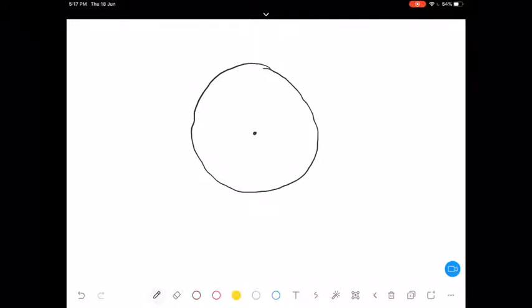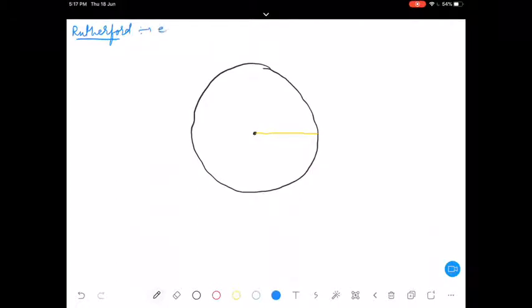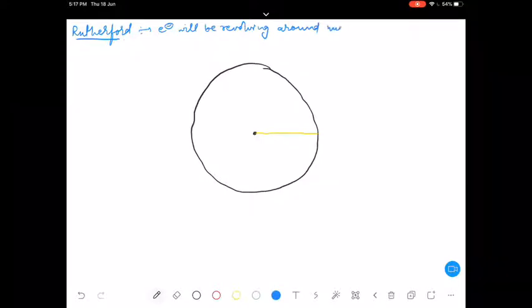there is an electron revolving around this nucleus. What Rutherford said, according to Rutherford, the electron will be revolving around the nucleus in an arbitrary orbit.